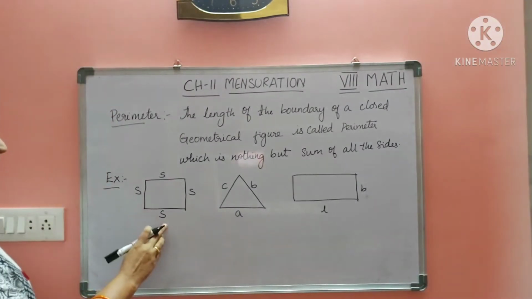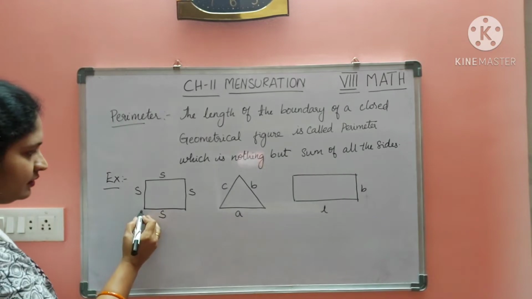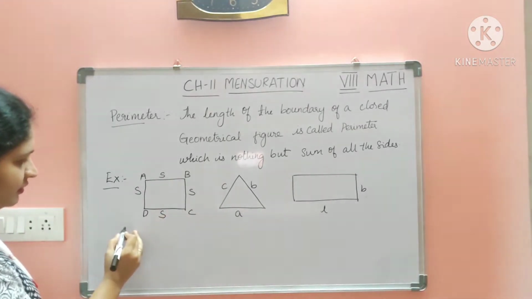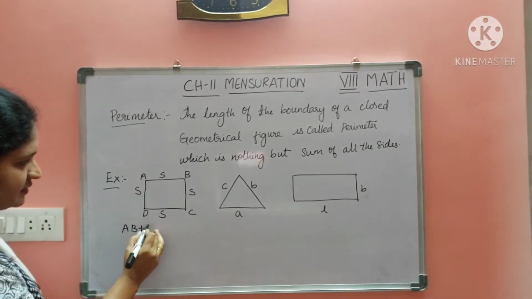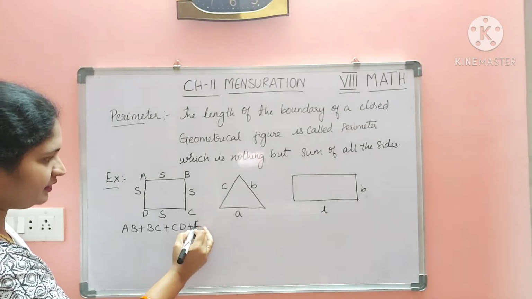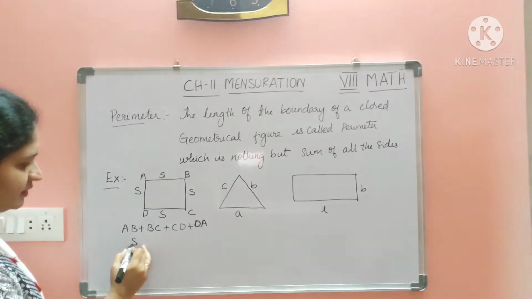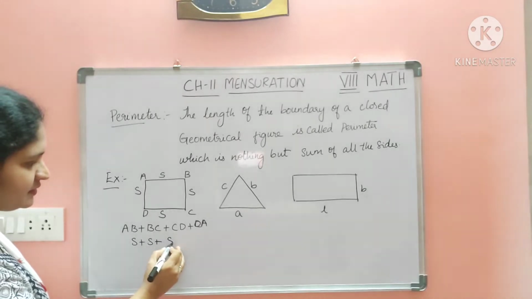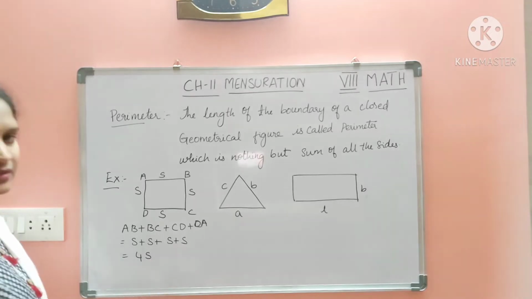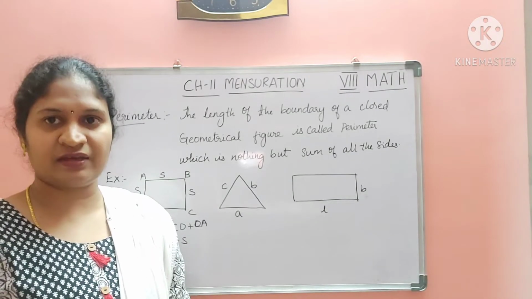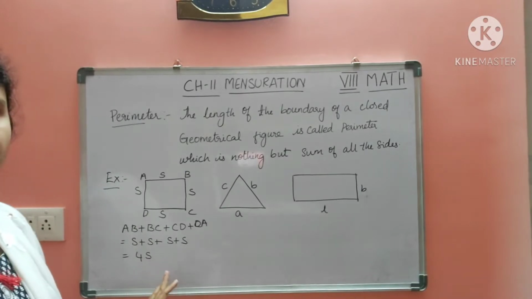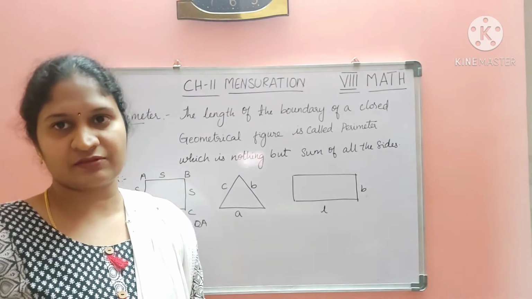The perimeter of this square ABCD is AB plus BC plus CD plus DA, which is nothing but S plus S plus S plus S, which is 4S. So the perimeter of a square is 4 into S, which is 4 times the length of the side.